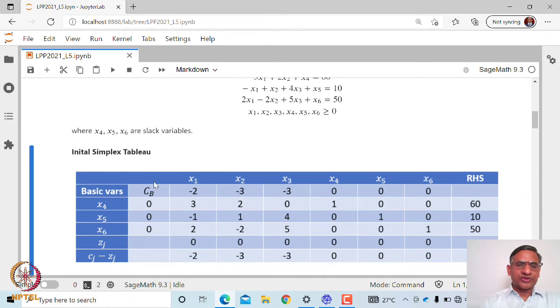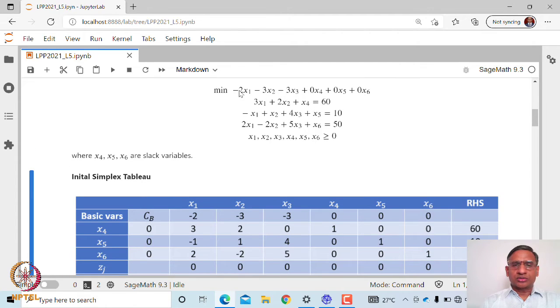Right, and this Cb is the coefficient of the objective function corresponding to basic variables. So basic variables are x4, x5, x6. So this is 0, 0, 0.